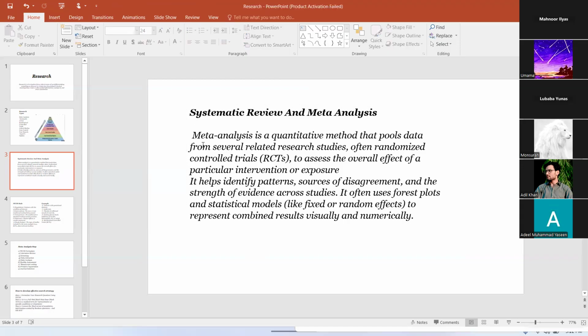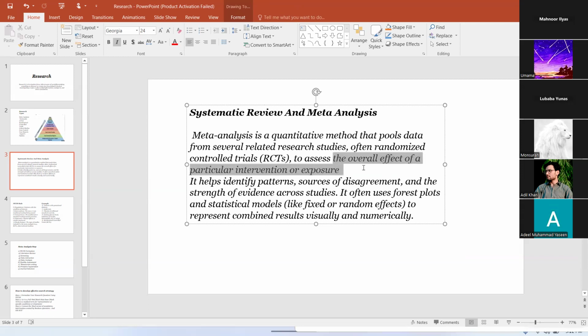So what's written here? Meta-analysis is a quantitative method that pools data from several related researches, often randomized controlled trials, to assess the overall effect of a particular intervention or exposure. As I said before, to assess the overall effect. We can't rely on one or two studies. If one study says that metformin is good for diabetes, and other studies say metformin isn't good for diabetes.